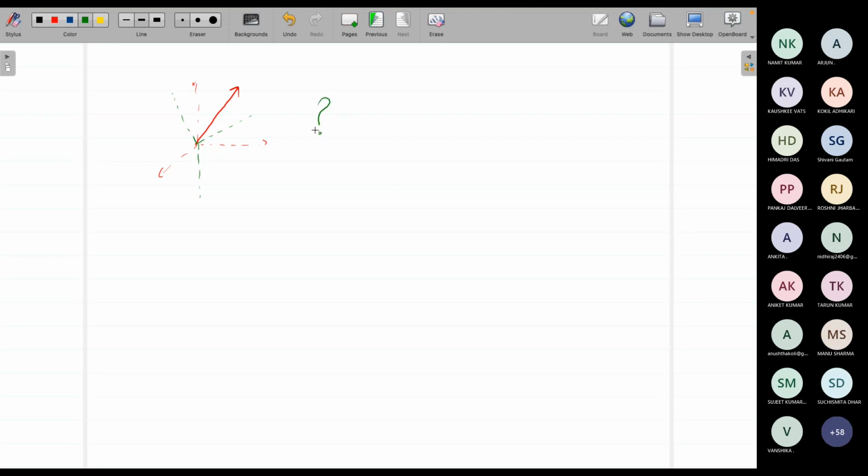Big question, but if you answer that question, then carry that definition of the vector with you forever. Saying that the vector has magnitude and direction looks fine at the 11th, 12th level, or maybe at the undergraduate level also. But at the postgraduate level, once we understand that it is dependent on the choice of the coordinate system, and we ask with respect to what we are talking about direction, suddenly it gives some confusion.